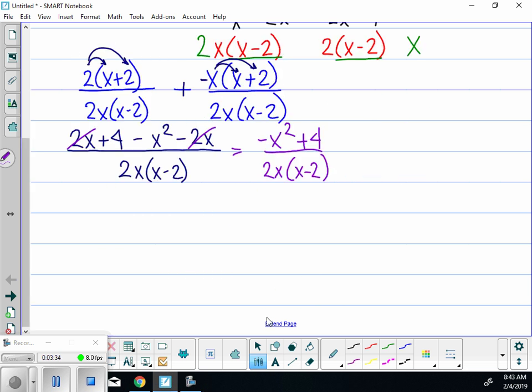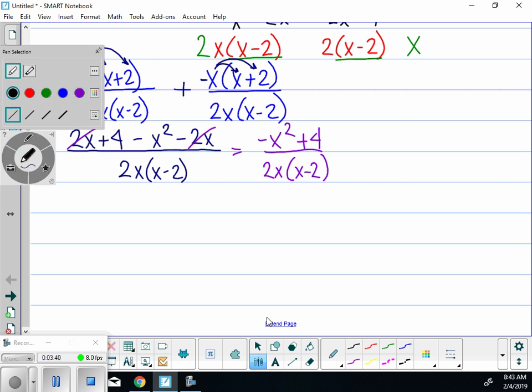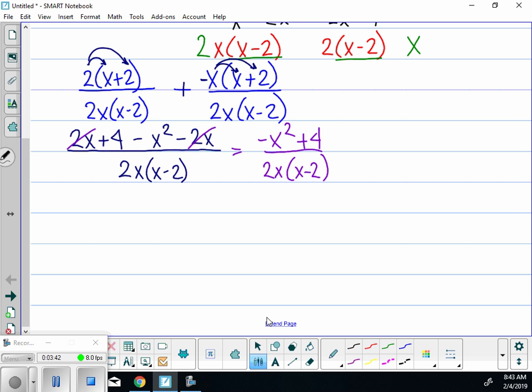So, negative x squared plus 4 really can factor. Because we have a perfect square and a perfect square, and one of them is negative and one of them is positive.